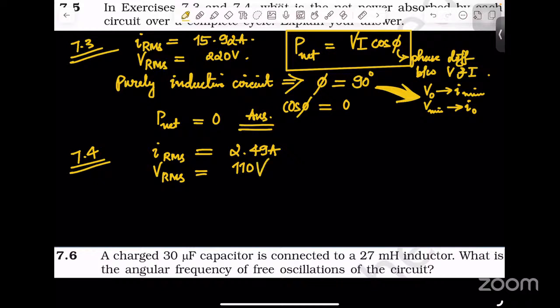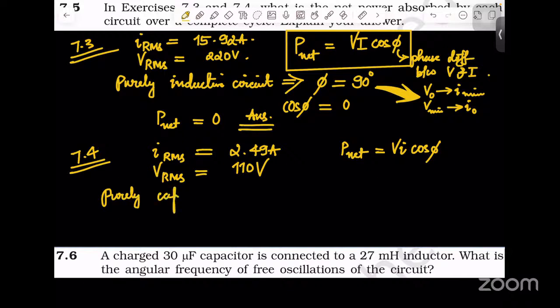Be careful about the units. Again the net power will be VI cos phi, and 7.4 was a purely capacitive circuit.